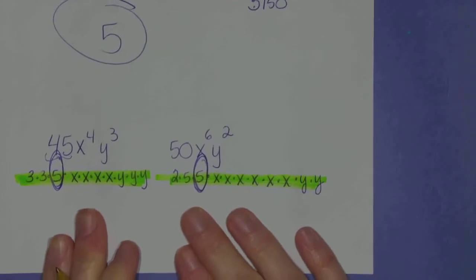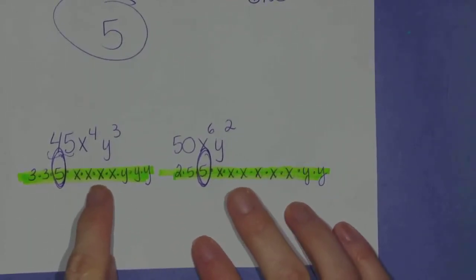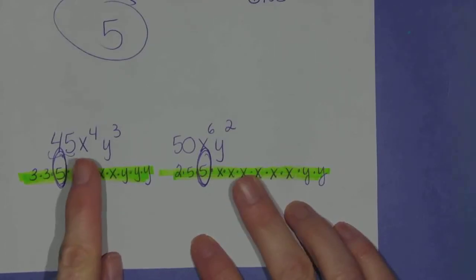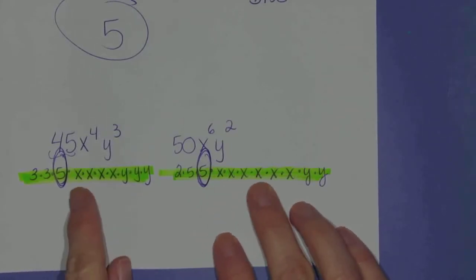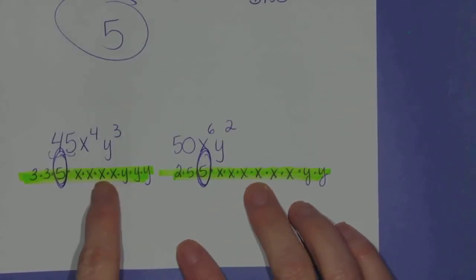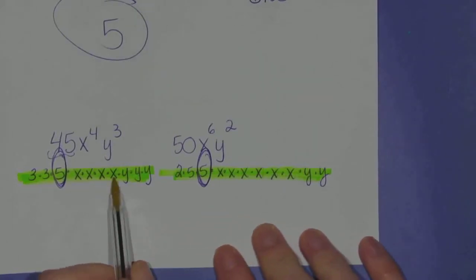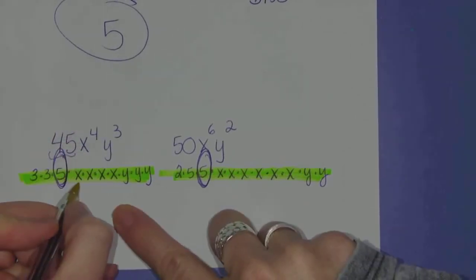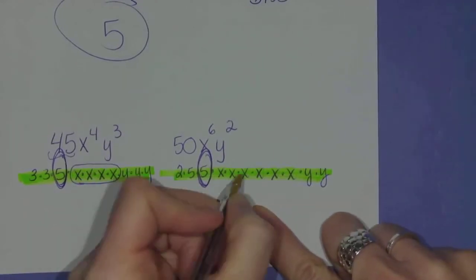Okay, now how many x's do they have in common? Well, think about this. They can only have in common the least amount of x's in any one term, right? So this monomial over here has 1, 2, 3, 4 x's. This has 6. So they can only have at most 4 in common.